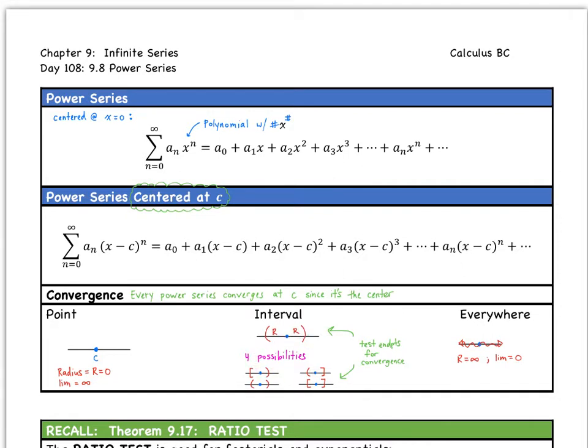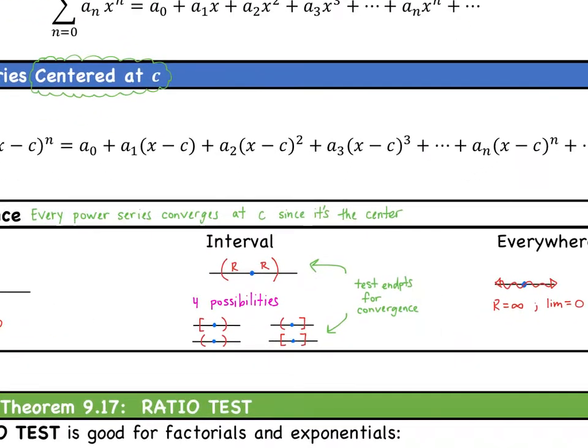So there's kind of four possibilities with this interval, okay? The four possibilities were it would be convergent on that left endpoint, but it diverges on that right endpoint. It diverges on both endpoints, diverges on the left endpoint but converges on the right, or it converges on both endpoints, okay?